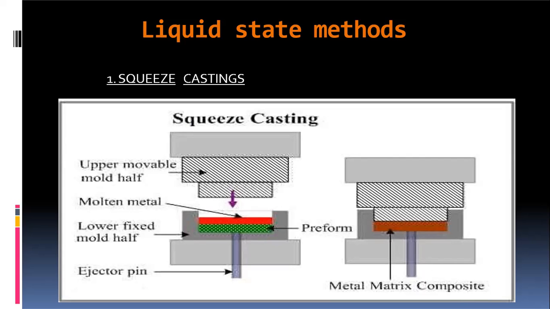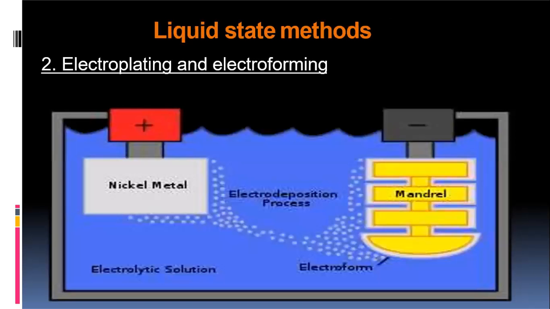When the molten metal is poured into the lower fixed mold half, then the upper movable mold half is closed onto the lower fixed mold half, and then the curing is done in the preforms. The ejector pin is ejected and the mold is released from the die. So that is the method in squeeze casting.